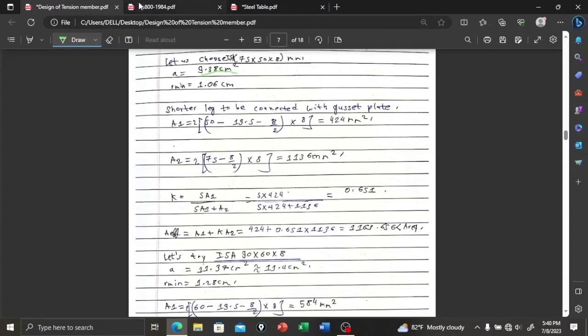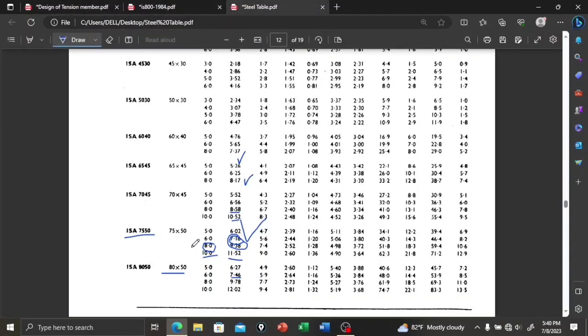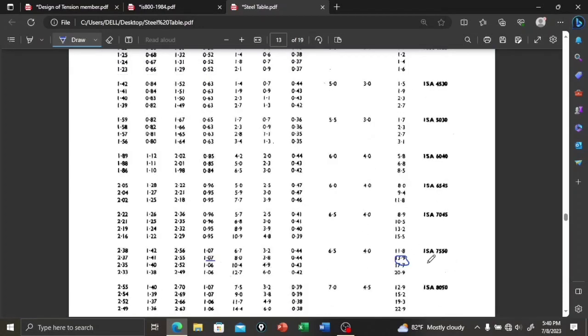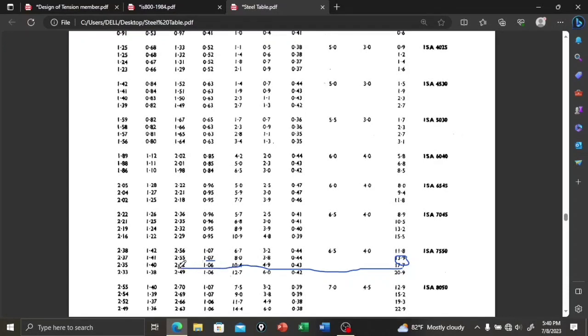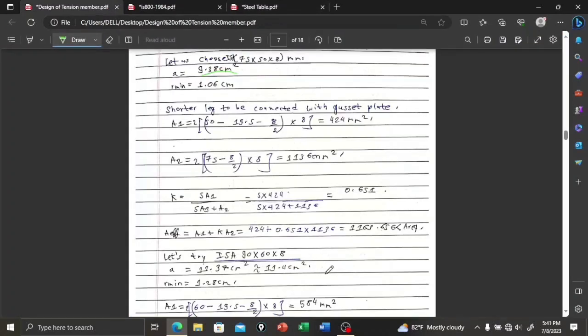9.38, and r minimum is, this is the second last row of 7550, and the minimum r is from this column, 1.06. So we can proceed similarly.